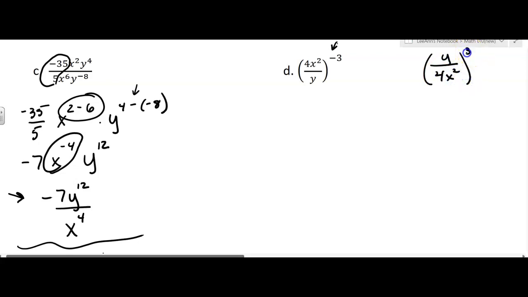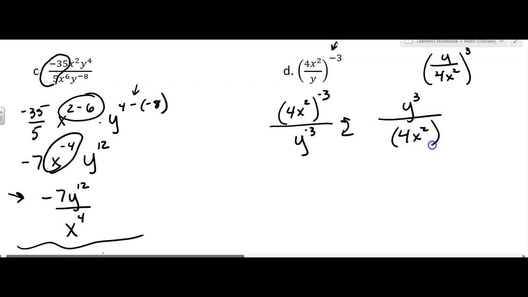And then make that a positive. Now, if you don't like that, you could think of it this way: 4x squared to the negative 3 and y to the negative 3. Switch, because you have negative exponents. So I'll make that y to the 3rd up here and make it 4x squared to the 3rd down there. You could do it that way.